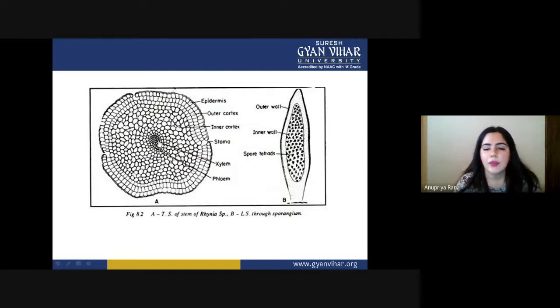So this was a stem, and you can easily see the very simple structure of the sporangium. The outer wall is a little dark. This is hard, and this is the inner wall, that is the tapetum, which basically provides nutrition to the inner spores, nourishing them.